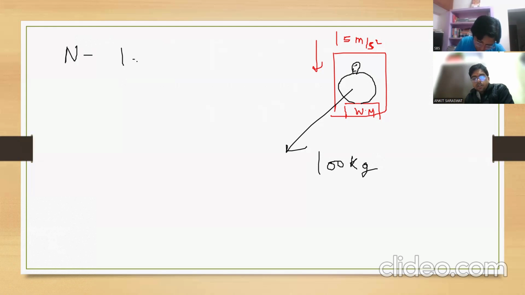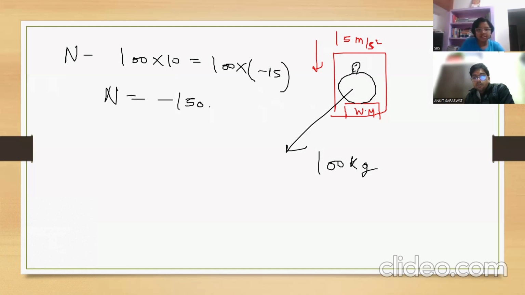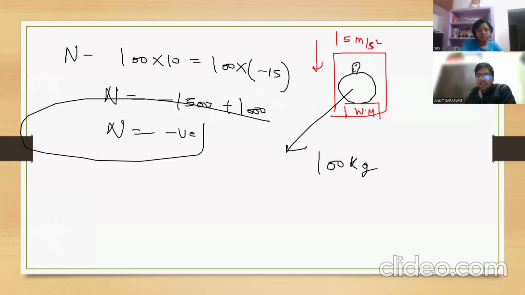N minus 100 into g, 100 into 15 is down. In this case also, sorry sir, not possible. N minus 1500 is still negative. He will fly. Weightlessness is still there.